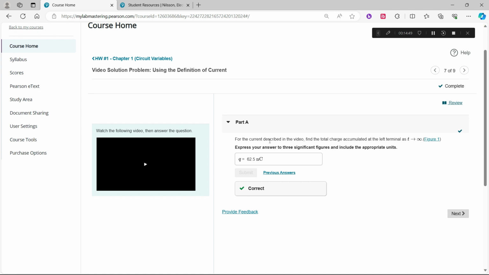Yeah, okay. So here's a good problem. The question states: for the current described in the video, find the total charge accumulated at the left terminal as t approaches infinity. Lucky for us, we have a relation.